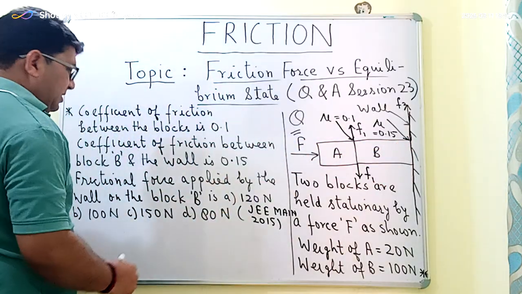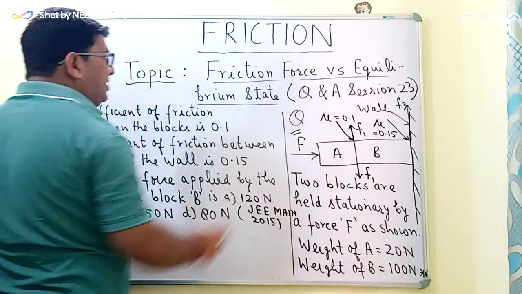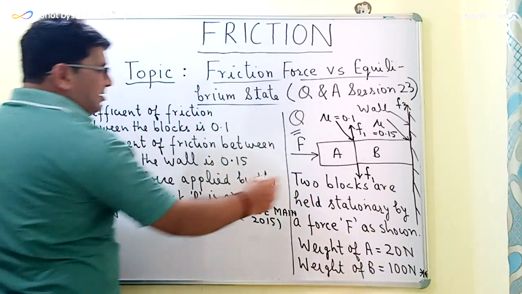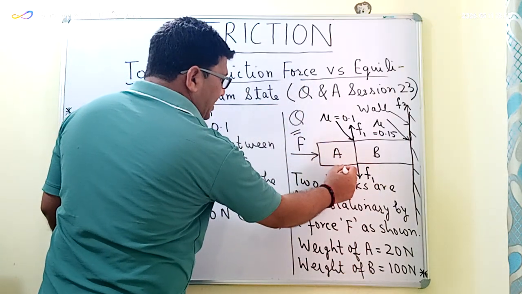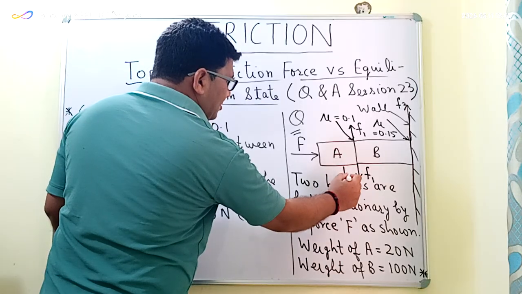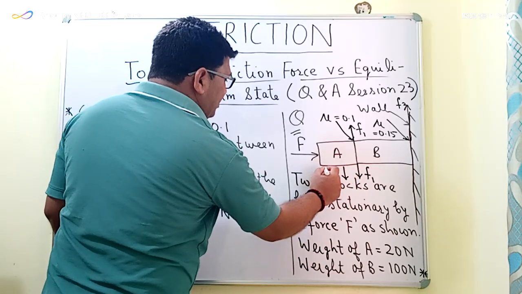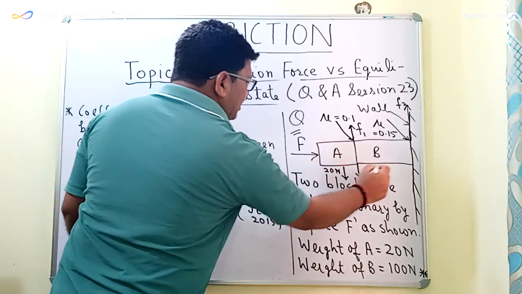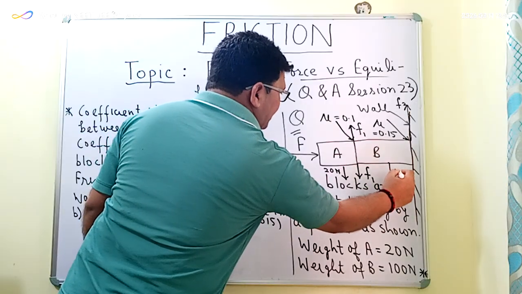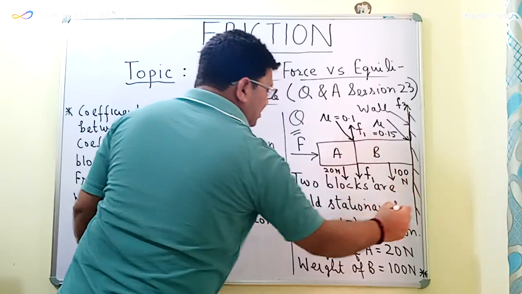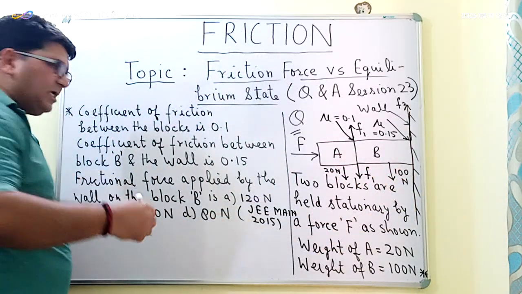So now here we are, in the case of this equilibrium state, the weight of this block A is 20 newtons, which is acting vertically downward. The weight of this block B is 100 newtons, and this is also acting vertically downward.